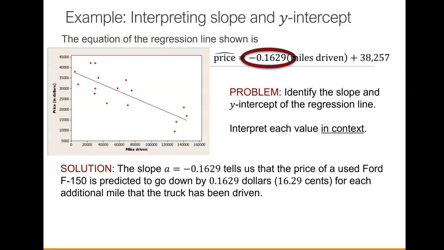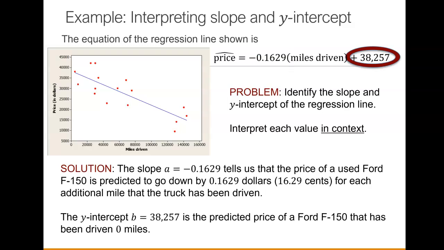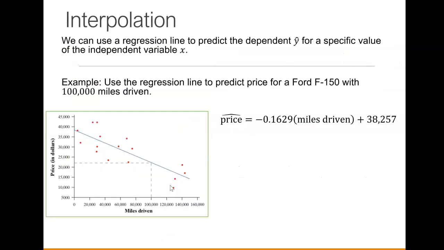So again, we said that the slope tells us that we're losing 16.3 cents per mile, and that the 38,257 is the value of the truck with 0 miles on it. What do you guys think? So far, so good.